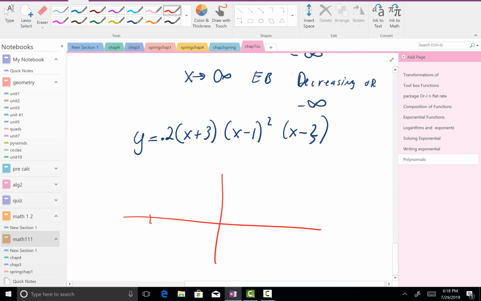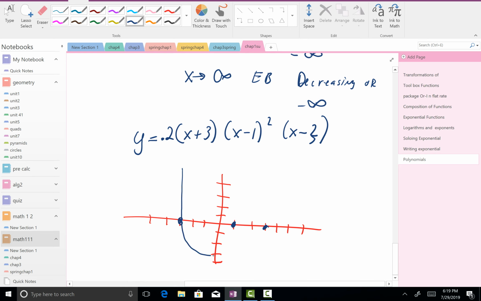So let me know when you get the x-intercepts. Got them. What are they? Negative 3, 1, and 3. Something unusual is happening at 1.